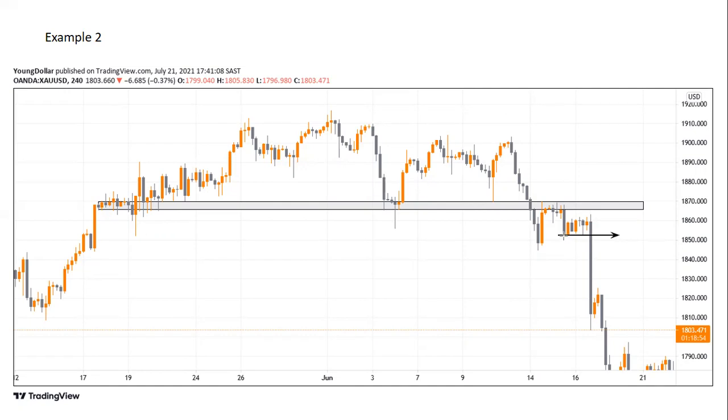Now, if you check right after this candle here, we had a slight move to the upside. This here should not confuse you. We have different phases in the market, different ways in which the market moves. We have the impulsive phase, and we have the corrective phase, the exhaustion phase, and an impulsive phase again.